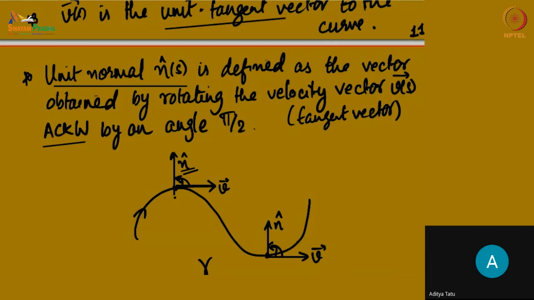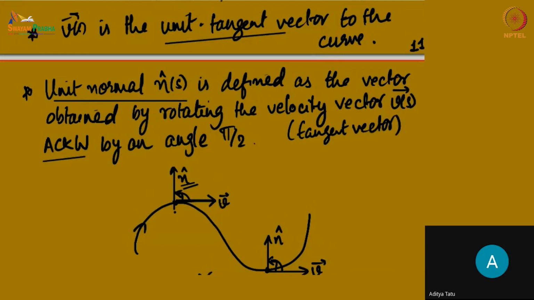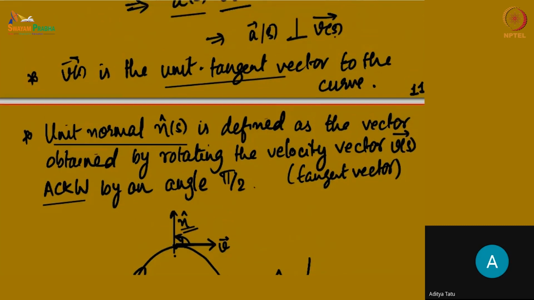So now we have two vectors which are perpendicular to your velocity vector or your tangent vector. What should be the relation between these two vectors? Should I repeat the question? Question is, you have your acceleration vector which is perpendicular to your velocity vector or the unit tangent vector.